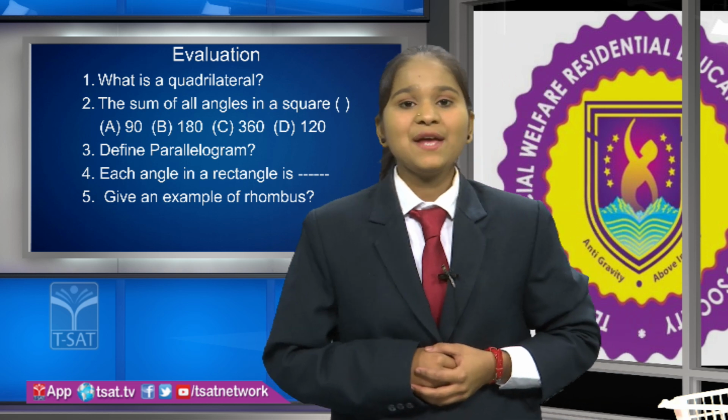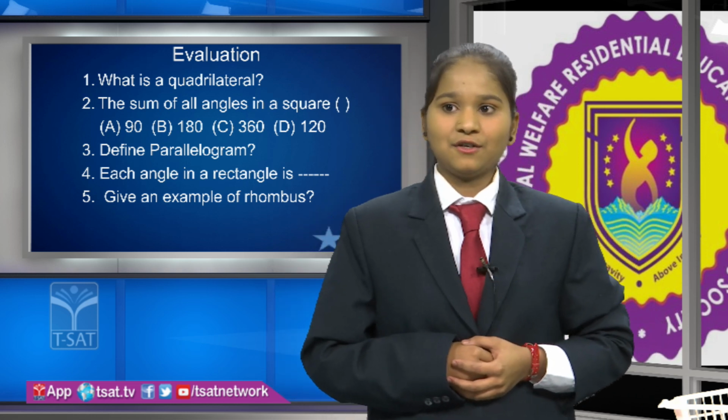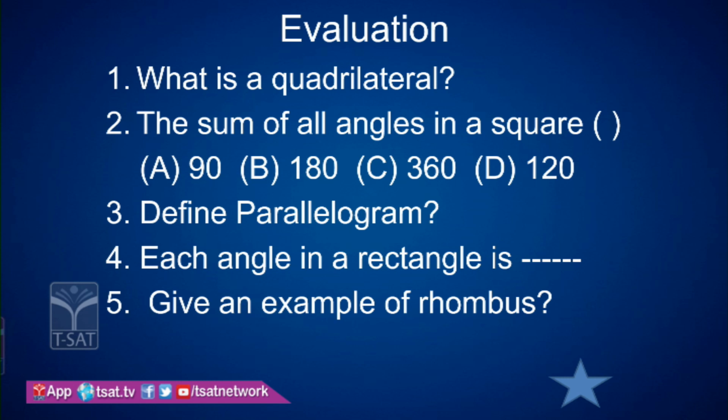And I want to give a worksheet for you. Here, the first question is, what is a quadrilateral? A quadrilateral is nothing but a simple closed figure bounded by 4 line segments.